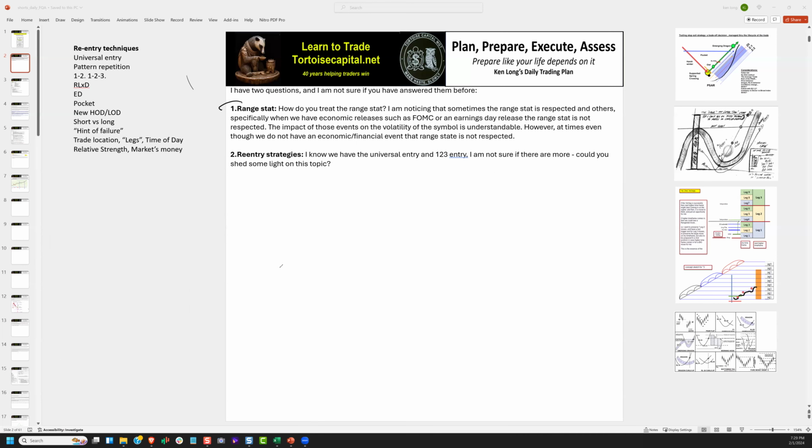Now here's another little phenomenon that happens. If I open here and again do a plus and a minus range stat, and let's say this thing moves up a certain distance and then starts to peak, and let's just say it was half of a range stat, right?